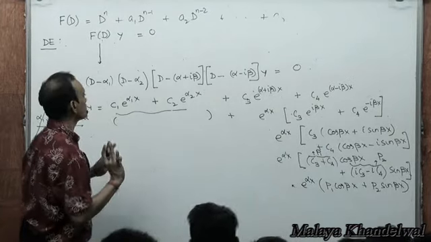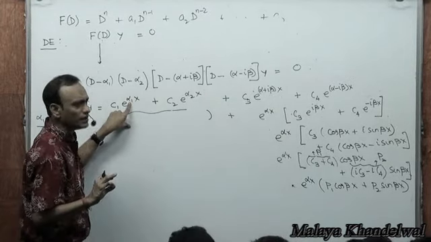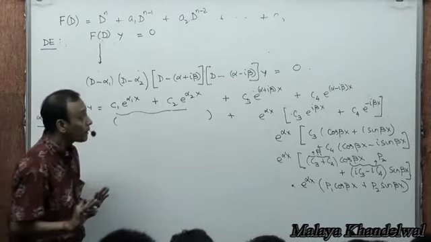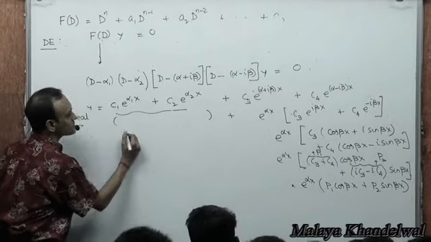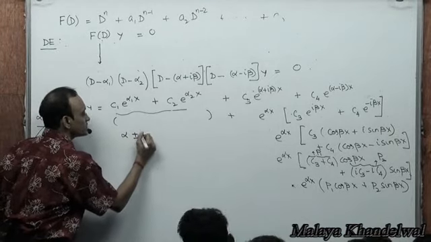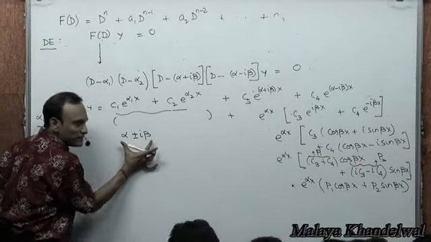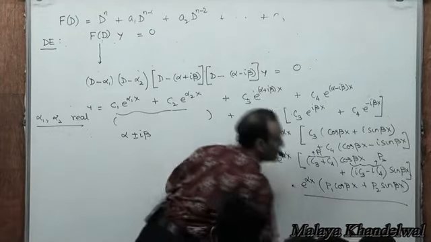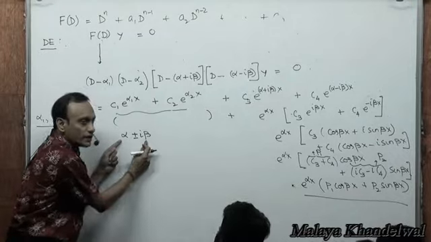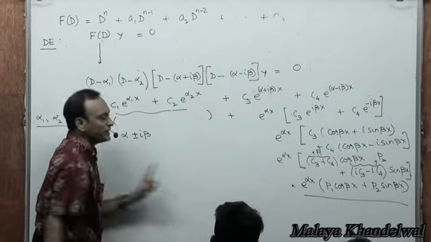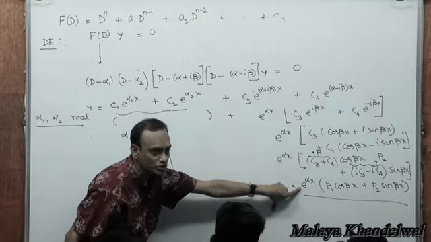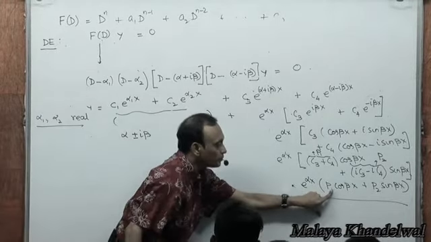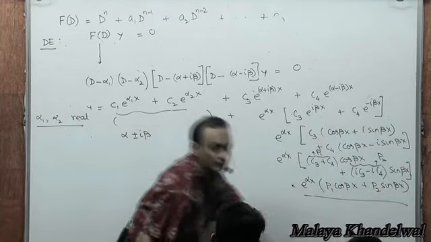Now the rule of the game is, if alpha 1 is real, its contribution to the general solution is C1 e power alpha 1 x. And if there is a complex solution which occurs in a pair, the combined contribution made by these two roots, alpha plus i beta and alpha minus i beta, to the general solution is e power alpha x (P1 cos beta x plus P2 sin beta x).